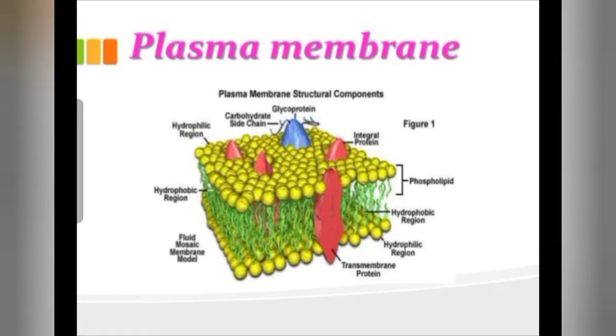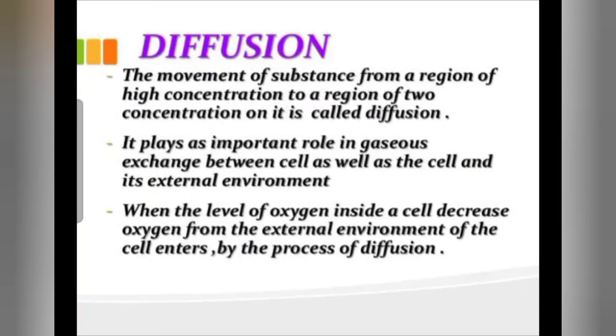So basically, what is diffusion? The movement of a substance from a region of high concentration to a region of low concentration is called diffusion. It plays an important role in gaseous exchange between cells as well as between the cell and its external environment.